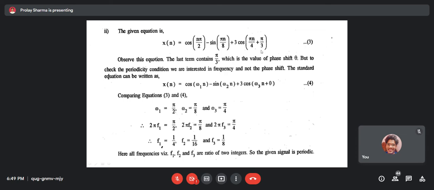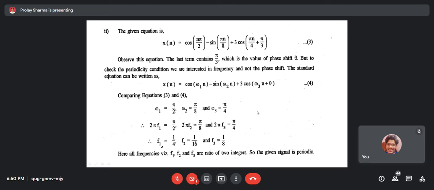While we are considering periodic and aperiodic signals, the phase difference has no significance. So phase difference doesn't matter. It doesn't add any criteria for its periodicity.